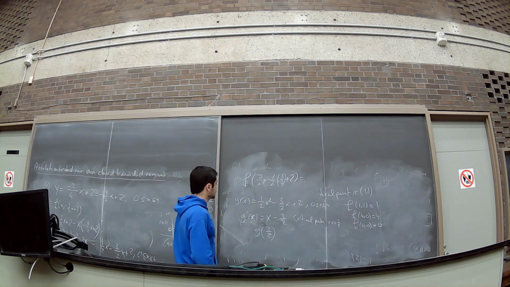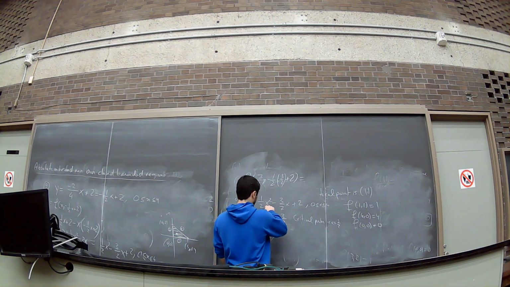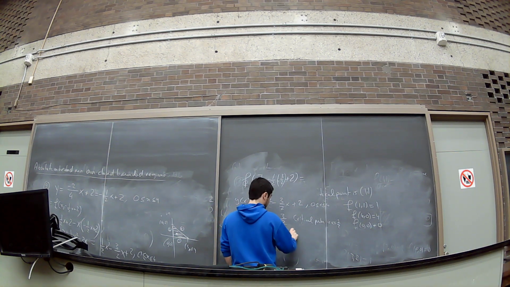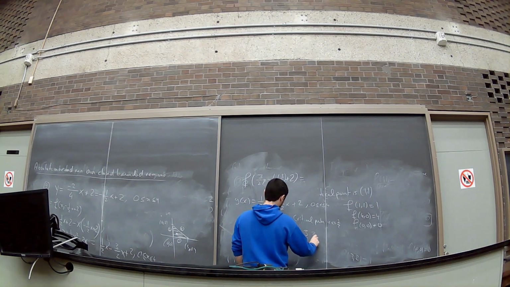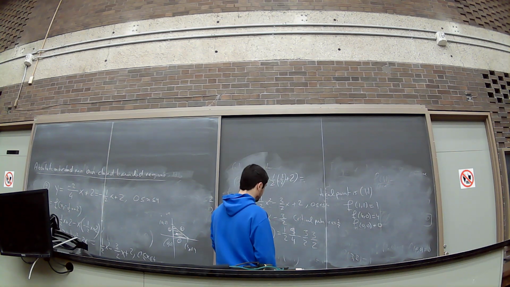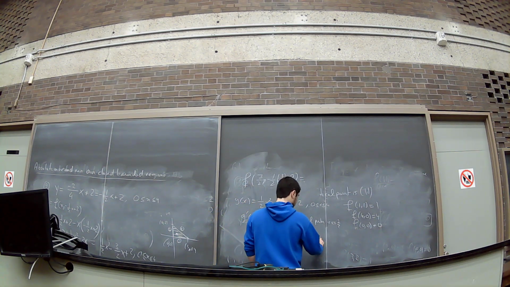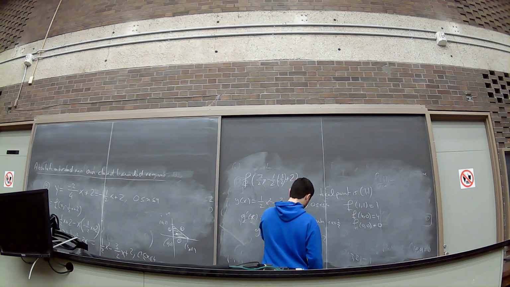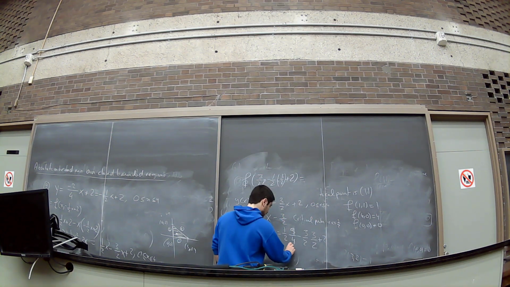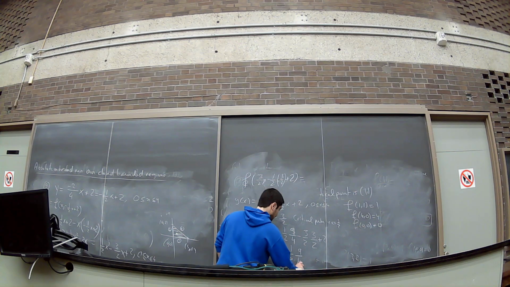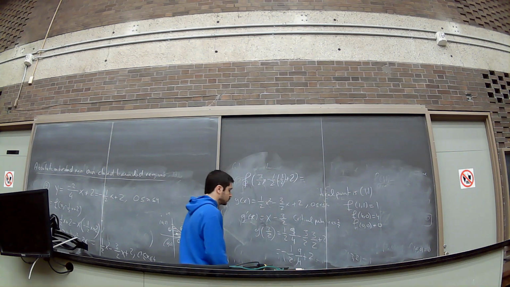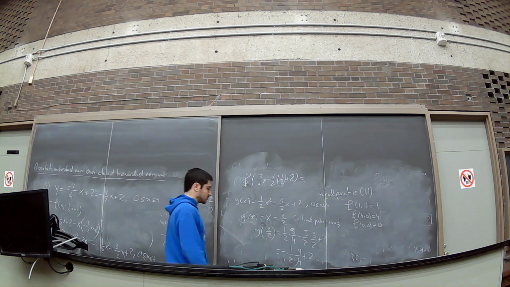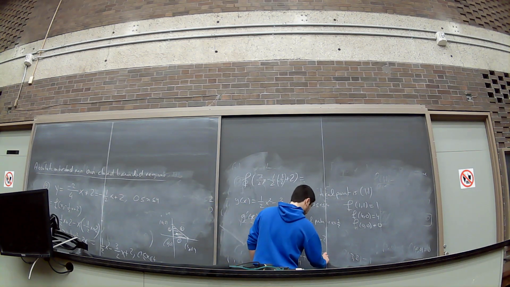It's 1 half times 3 halves squared, so 1 half times 9 quarters, minus 3 halves times 3 halves, plus 2. So 1 half times 9 fourths minus 9 fourths. This is just minus 1 half times 9 over 4 plus 2. 2 is 16 over 8, right? So this is 7 over 8.